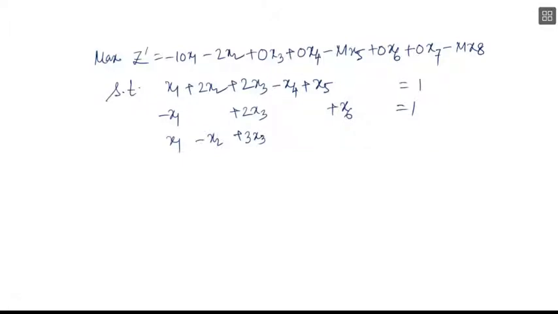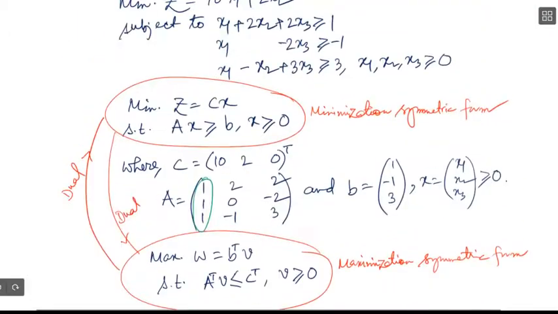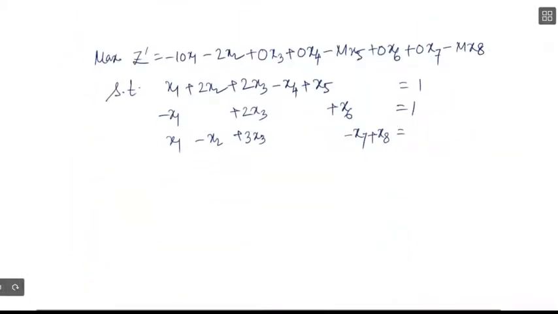So here also we have to introduce surplus variable x7, which we will subtract, and the artificial variable x8, which we will add to make it an equality. So it will be equal to 3, and all the variables x1, x2, x3, x4, x5, x6, x7, x8 will be non-negative.